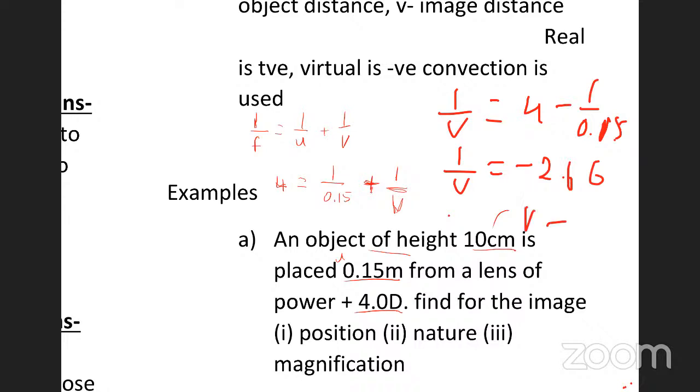So therefore, V is equal to minus 1 over 2.66, which is negative 0.4. So it means that it's virtual. How do you find magnification?